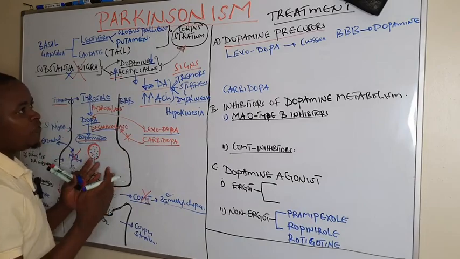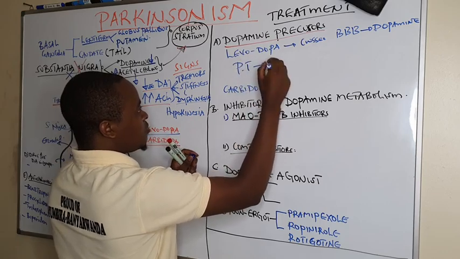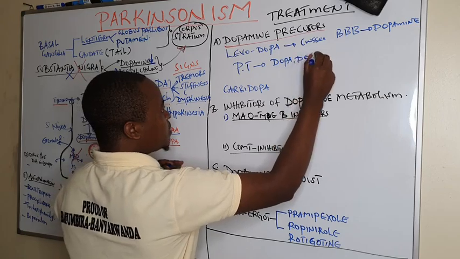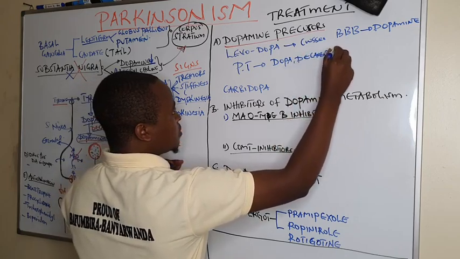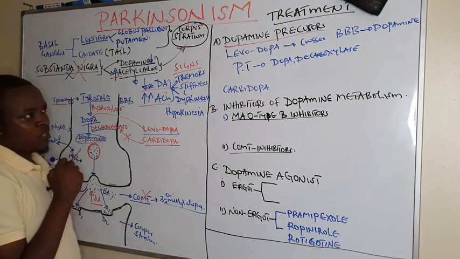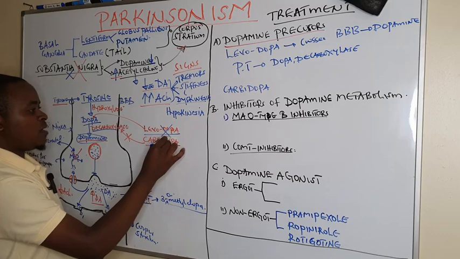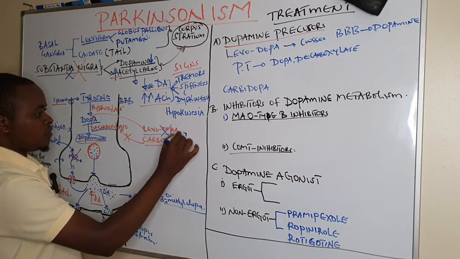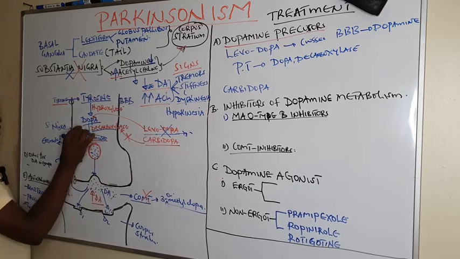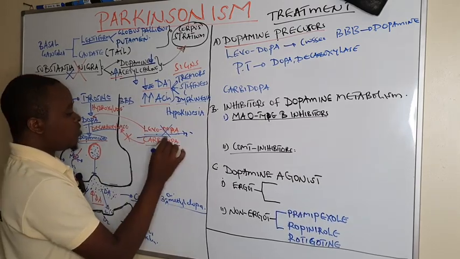Because in the peripheral tissues we also find an enzyme called dopa decarboxylase, and in the presence of this enzyme, levodopa is broken down into an intermediate. So this decreases the chances of the drug reaching the CNS to increase dopamine levels. But there is another precious drug called carbidopa.